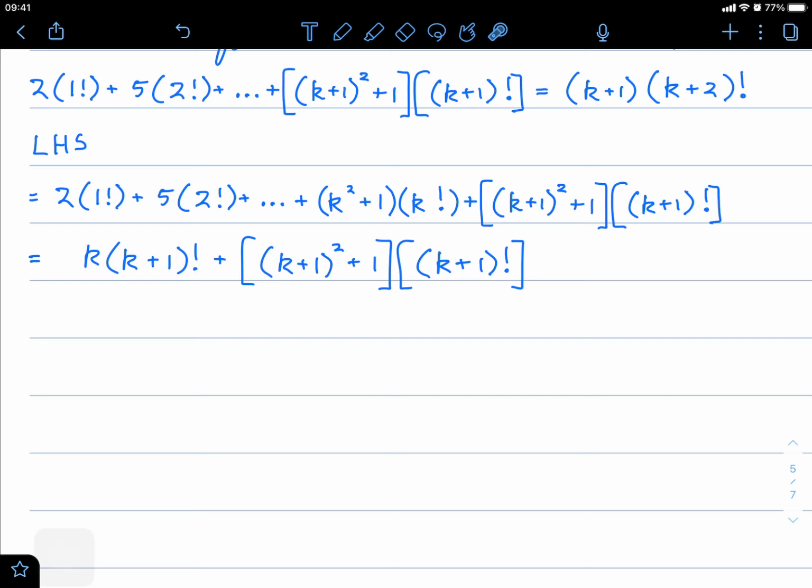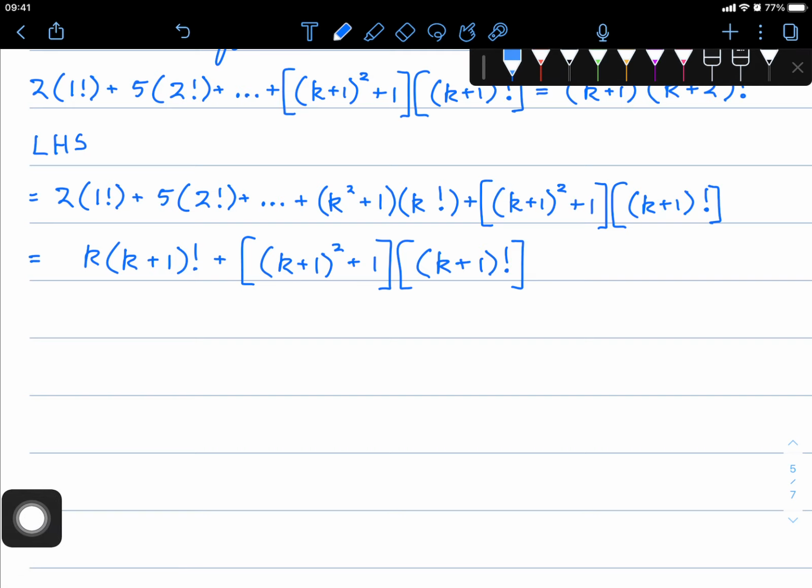Now, here's where it gets a little tricky for some. Oh wait, no, sorry. This and this are common factors. Think about this. It's k times everything here, and it's this times this one. If it makes it easier, I'll write it like so. You don't have to do this, but it's what's going on in my mind, just so you can see what I'm about to do.